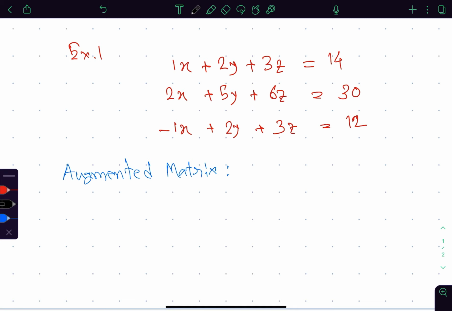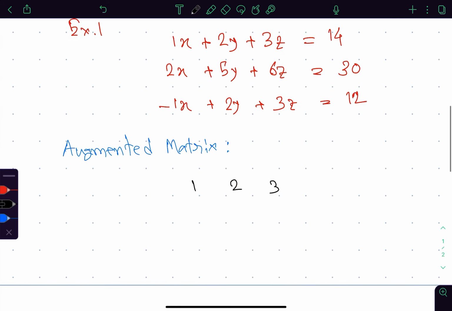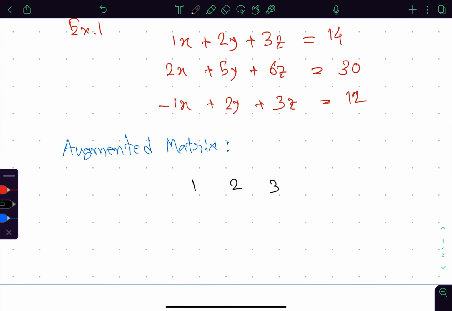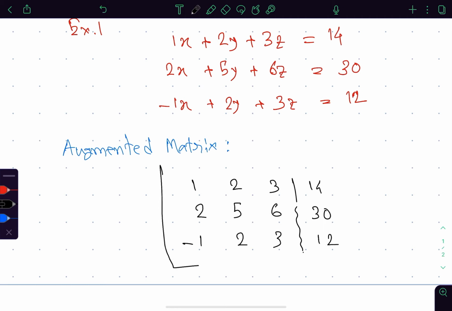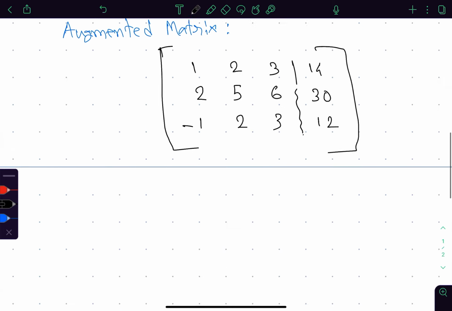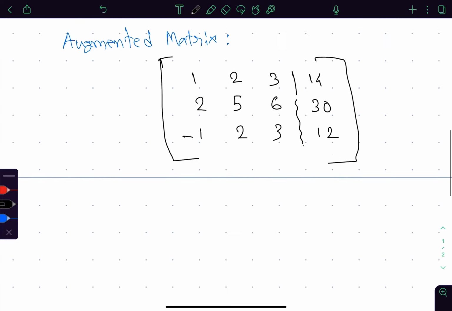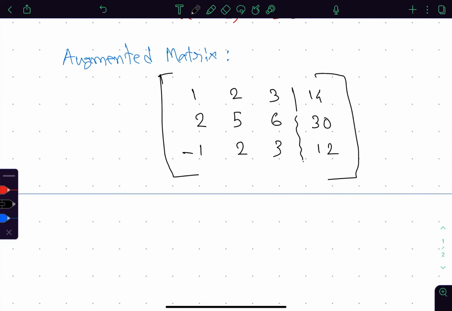It will be something like this: 1 2 3, and then 2 5 6, then 1 minus 1 2 3, and then 14, 30, 12. So this is our augmented matrix.